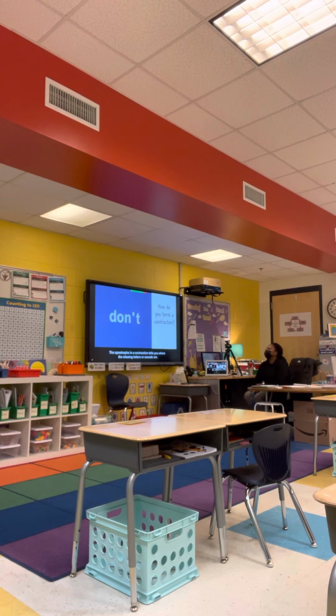The apostrophe in a contraction tells you where the missing letters or sounds are. So do not becomes don't. You can do the same things to change could not to couldn't, is not to isn't, did not to didn't, and have not to haven't. But the contraction for will not doesn't follow the pattern. Its contraction is won't. As in, I won't tell anyone you touched the blocks.